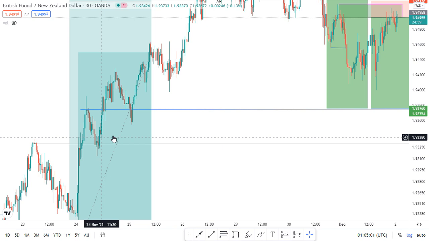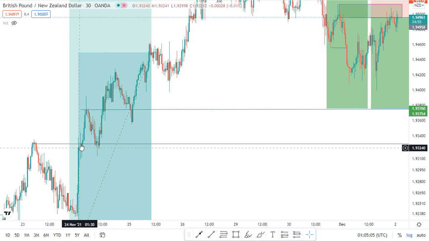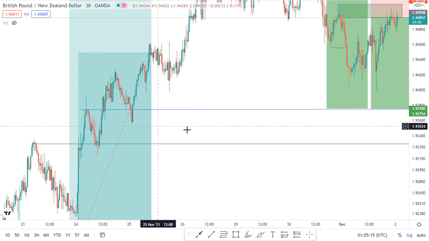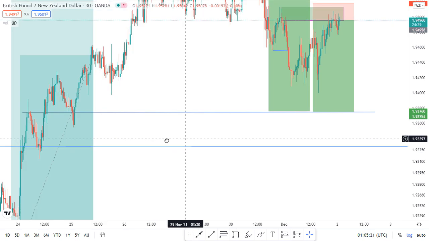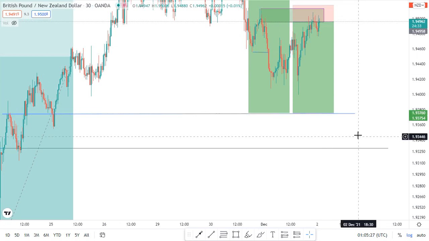When it breaks and comes back here, it allowed the market to continue going down, and then it was allowed to go back upward, which shows that now the buyers have power. Now the demand has power. So here I will just say you have to take my TP here, guys.